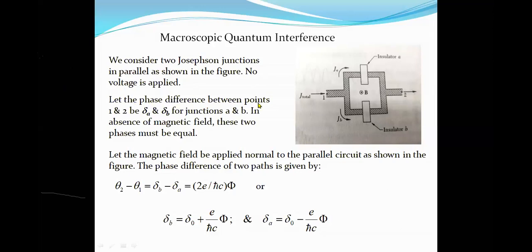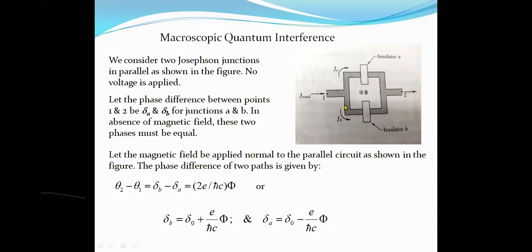Let the phase difference between points 1 and 2 be delta A and delta B for junctions A and B. In absence of magnetic field, these two phases must be equal. What it is saying is that when you have these two currents taking two different paths, when they meet here, they will be in the same phase if there is no magnetic field.